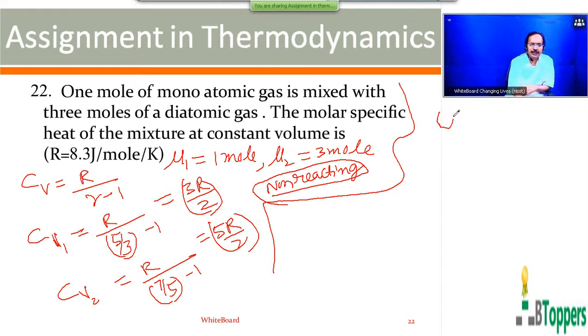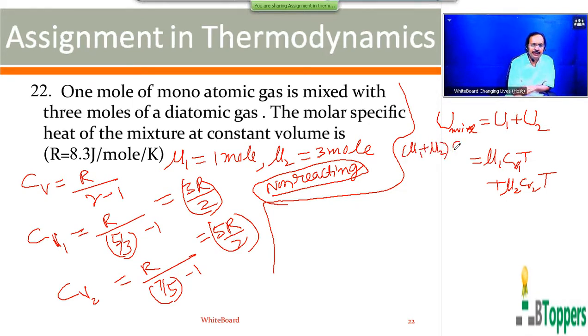So internal energy of the mixture of the two gases is the sum of the internal energies of the two gases. Internal energy of the first gas, you can write nu1 CV1 T at a given temperature. Internal energy of the second gas, nu2 CV2 into T. Internal energy of the mixture of gas is the number of moles of the mixture, that is nu1 plus nu2, CV for the mixture into T.